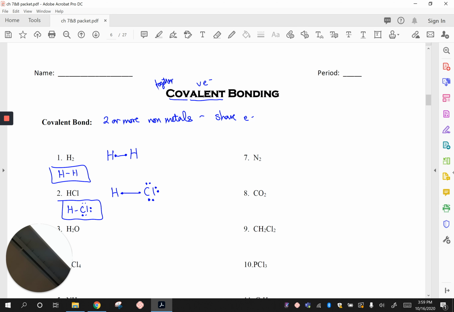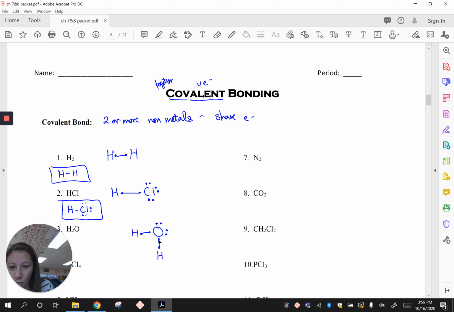Let's try H2O. Oxygen and 2 hydrogens. So hydrogen, each of them have 1. Oxygen has 1, 2, 3, 4, 5, 6. Connect each pair of atoms once and count. So this hydrogen has 1, 2.